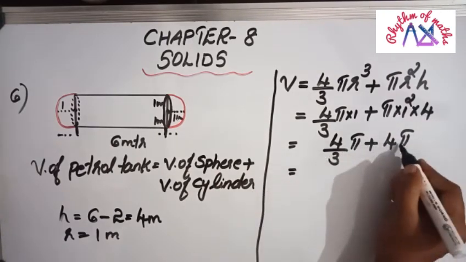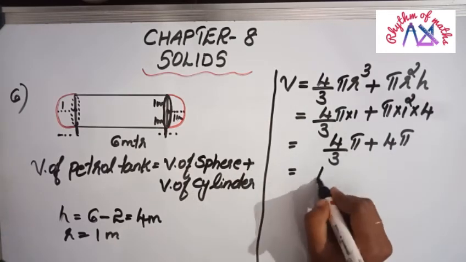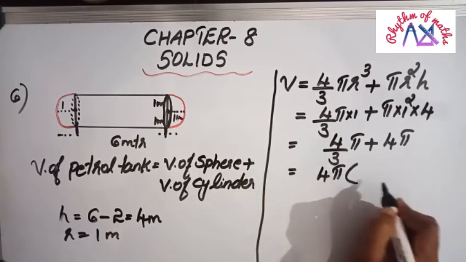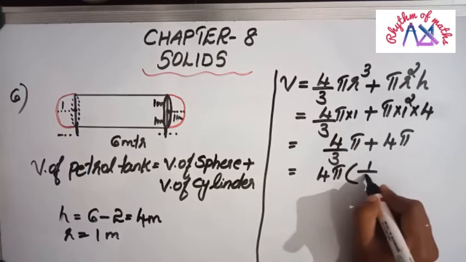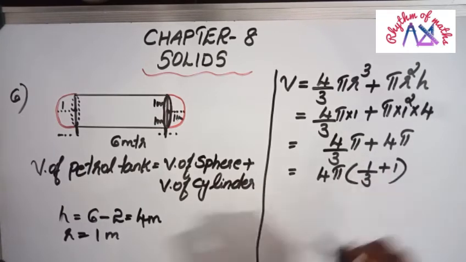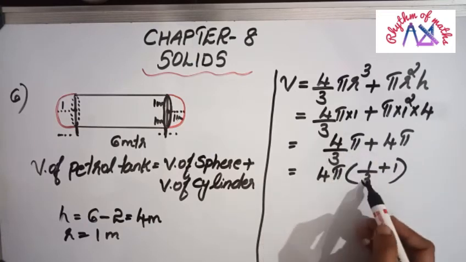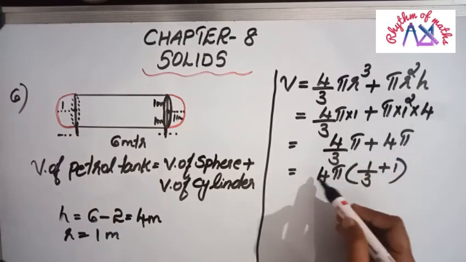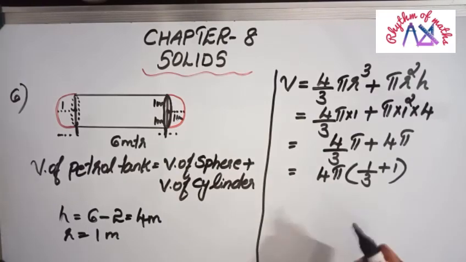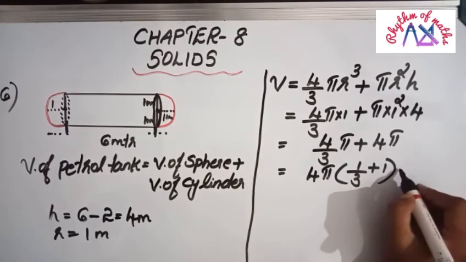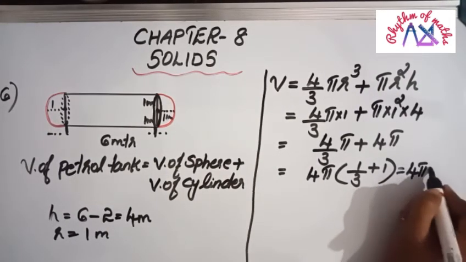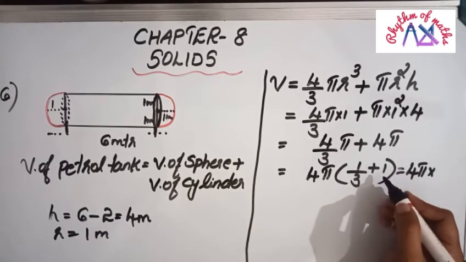Now here 4 pi we can take outside. So 4 pi outside, inside what will be there? 1 by 3 plus 1. From 4 by 3 pi, we took 4 pi outside, so 1 by 3 remains, plus the 4 pi we took completely, so the remaining is 1. Now let's simplify this. That is 4 pi into 1 by 3 plus 1.